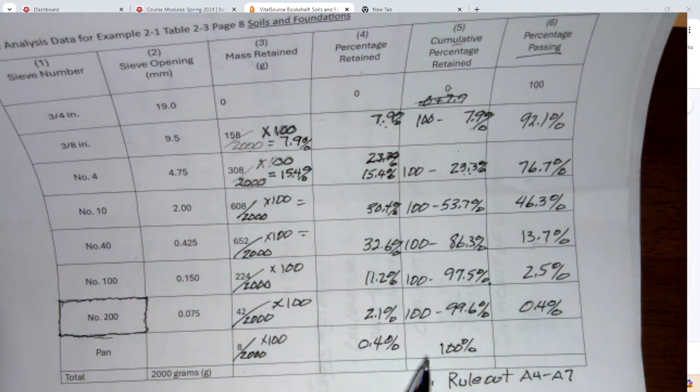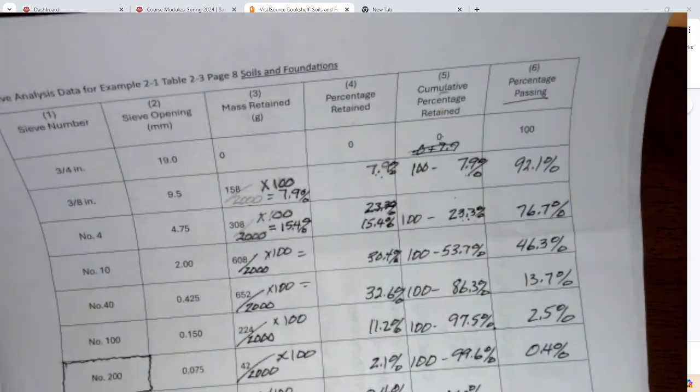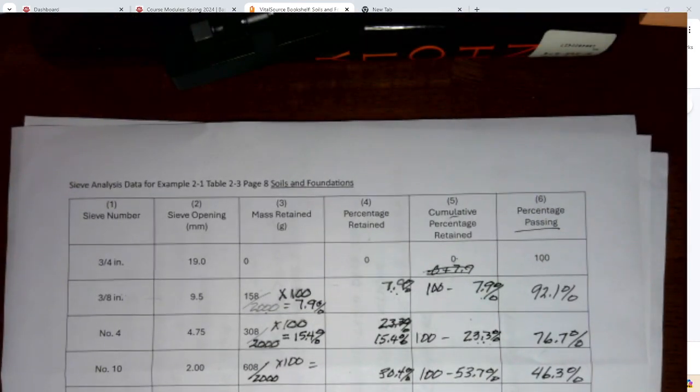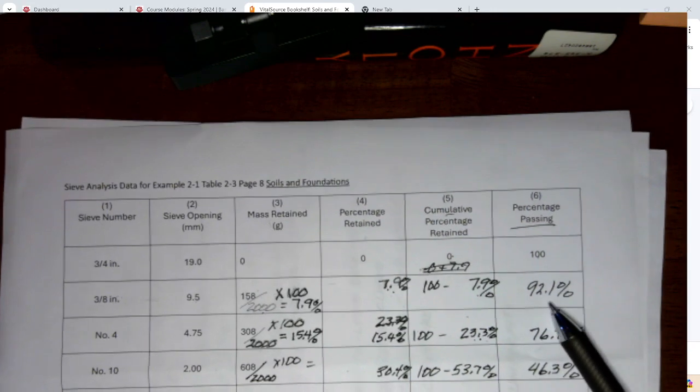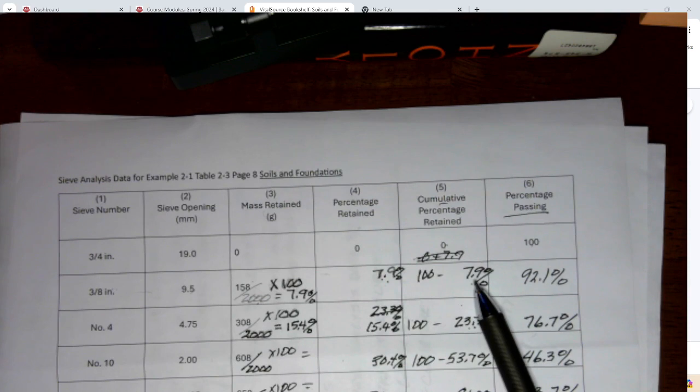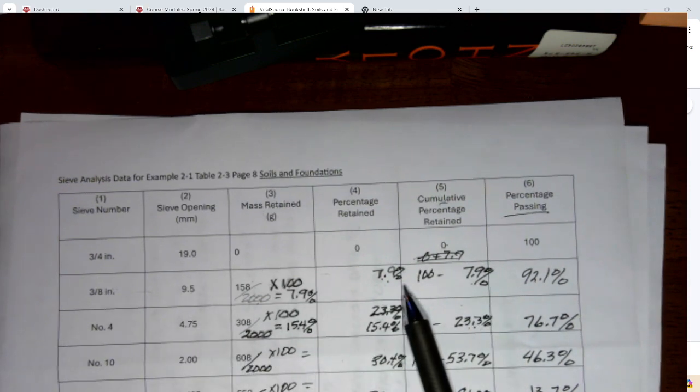Now, what does that tell us? Nothing yet. Let's go up here. The way to arrive at the percent passing is to subtract the cumulative percent of each sieve from 100%.